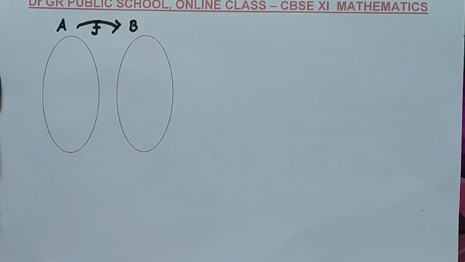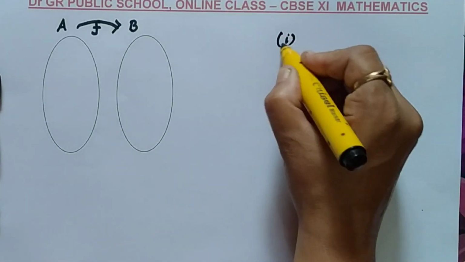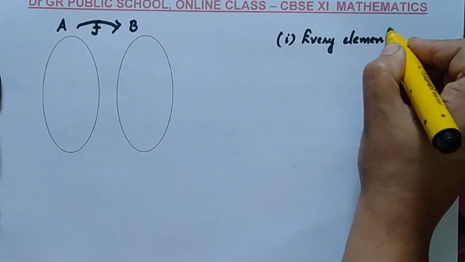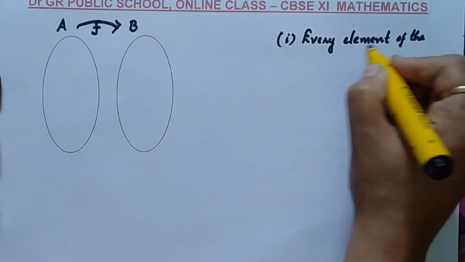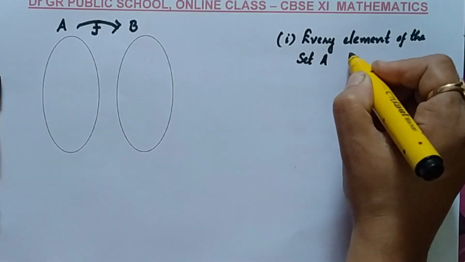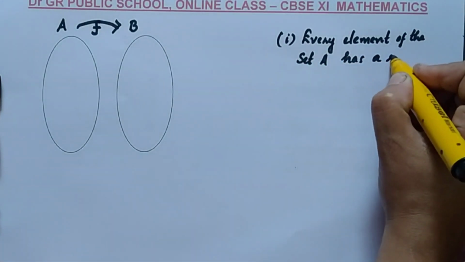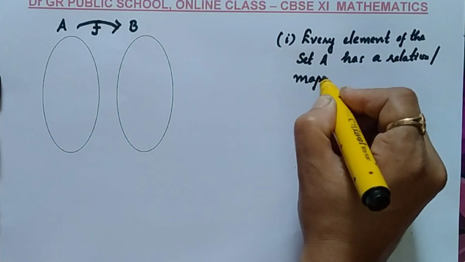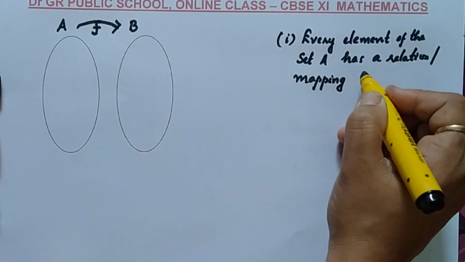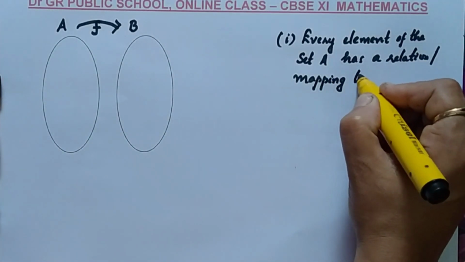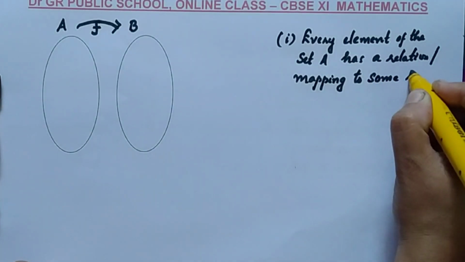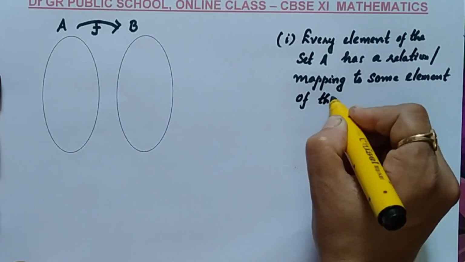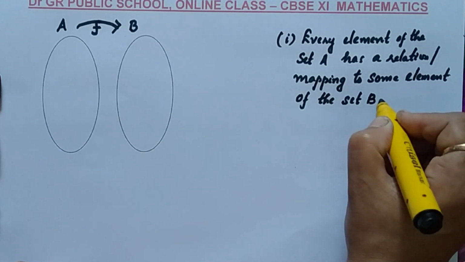usually denoted with f. The first condition is that every element of the set A has a relation, or it can be called a mapping or a correspondence, whatever it may be, to some element of the set B. This is the first condition.